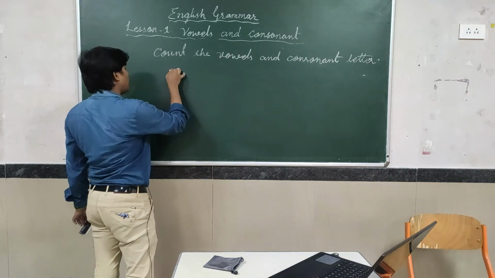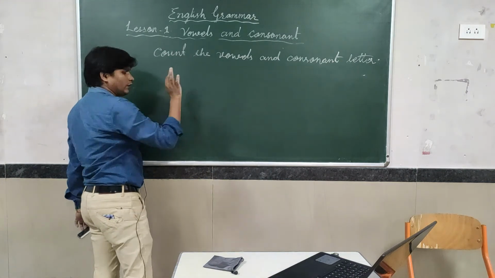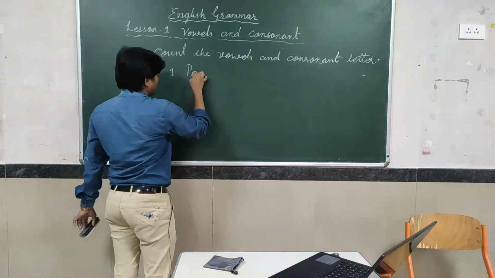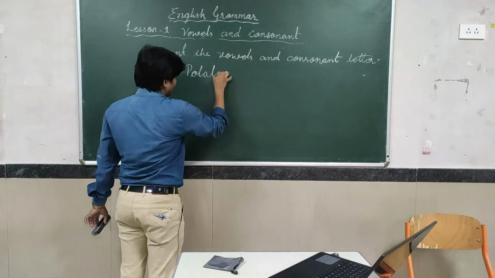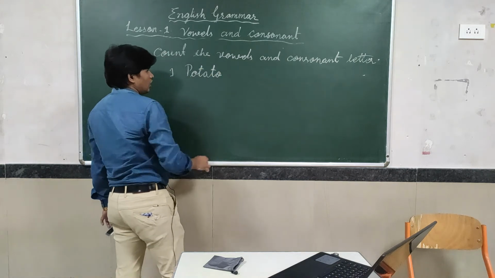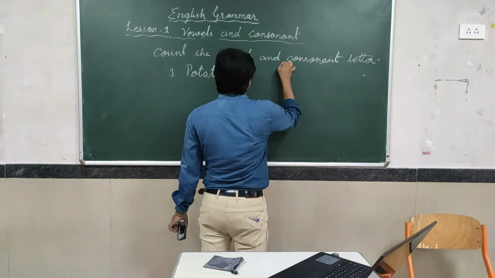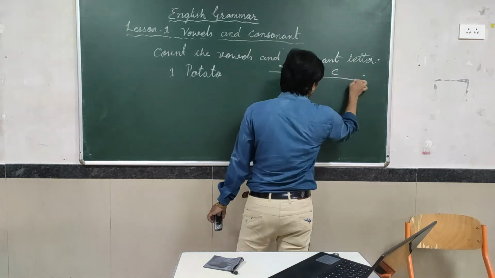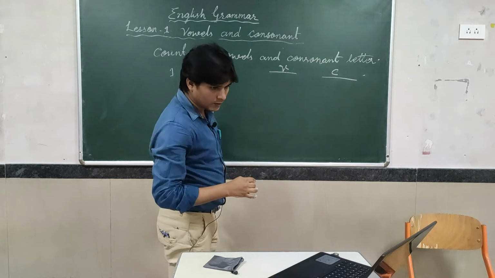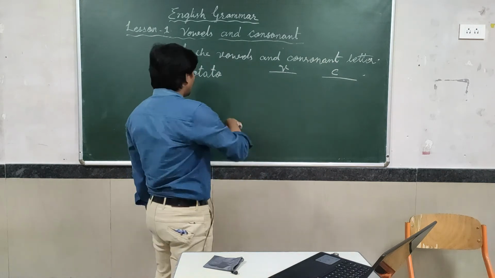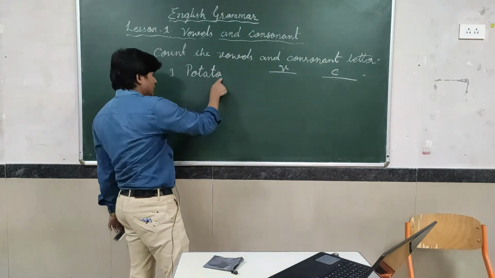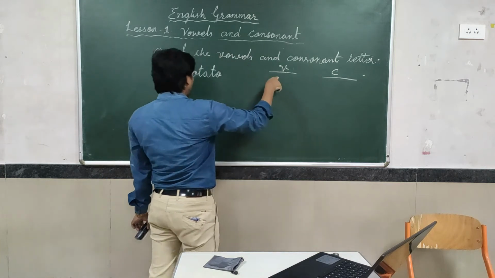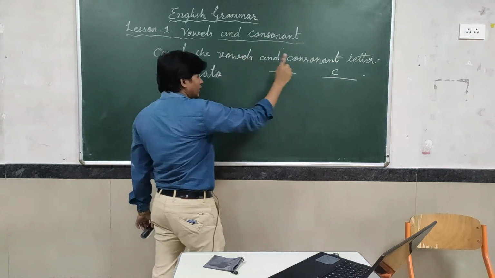For example, one example, a potato, P-O-T-A-T-O. So it has given vowels, it has given consonants, right? So now we have to see in this word how many vowels are present, we have to write here, and how many consonants are present, we have to write here.